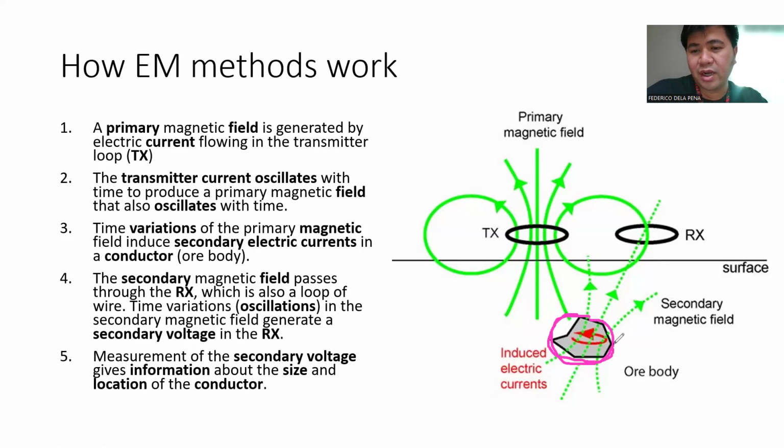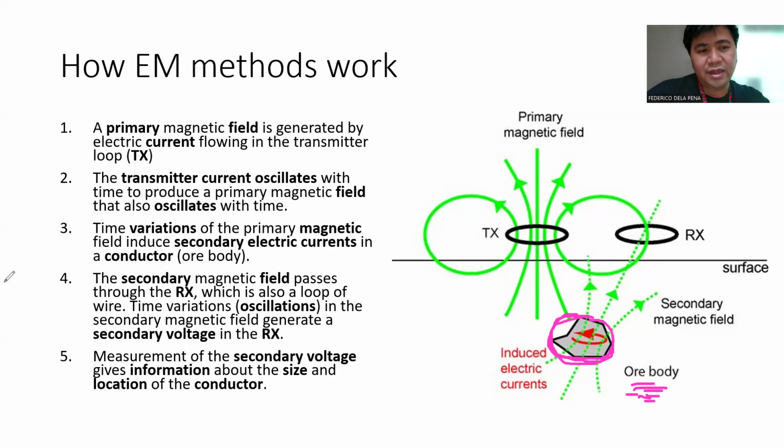For example, your ore body, or your economically significant rock containing economically significant minerals. Let's say the ore body is relatively conductive. What we're doing essentially is subjecting this to a magnetic field that is varying over time, either flipping or pulsating, like turning on and off.